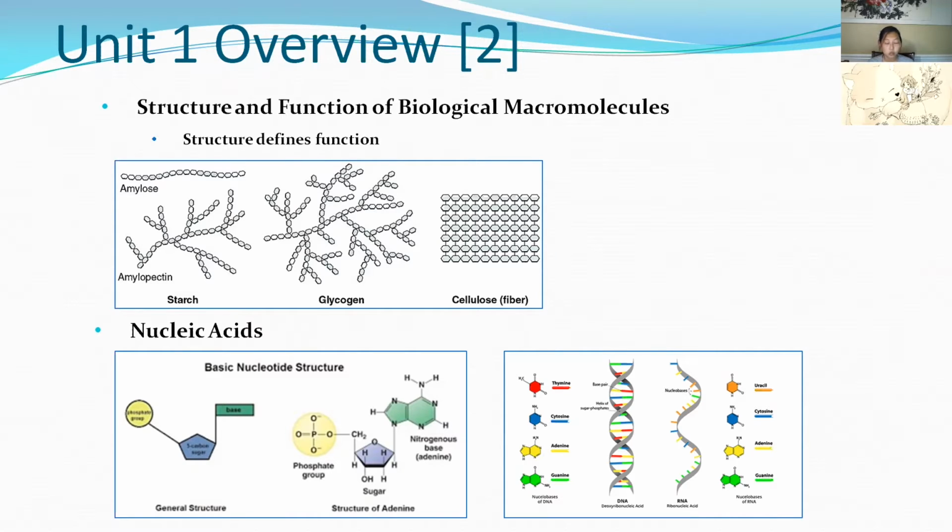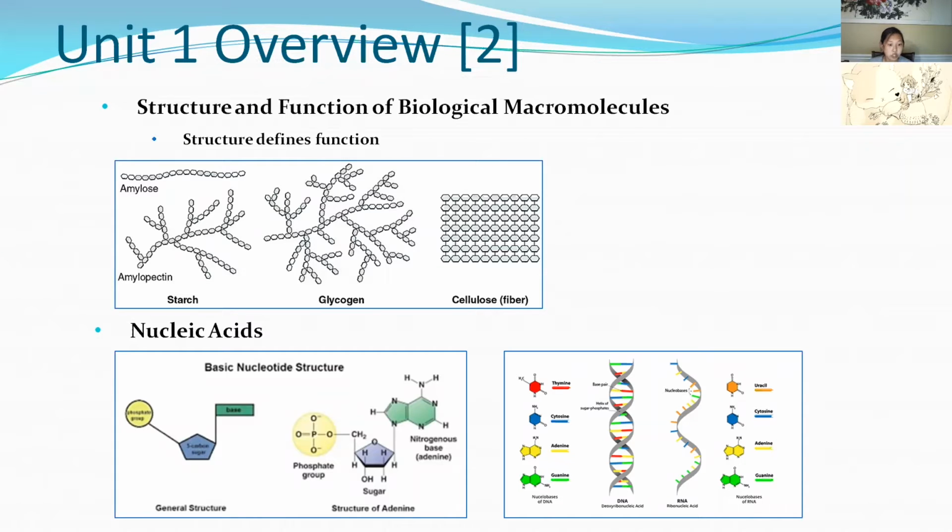So the one big thing in biology is that structure defines function. So the structure of, whether it be a molecule, a cell, or anything, determines how this thing will function. So for example, the picture below, you can see it's starch, glycogen, and cellulose. So these are all different types of carbohydrates or different types of sugars, but they're all for different purposes.